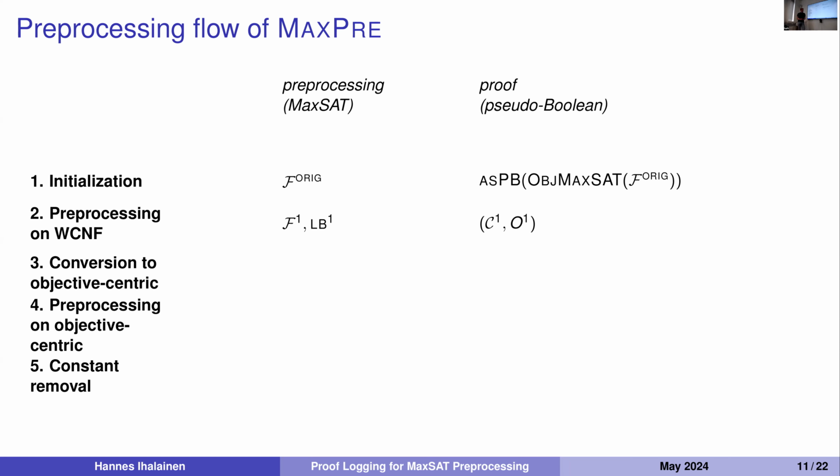In a sense every constraint in preprocessing corresponds to something in the proof, but there are cases where the pseudo-Boolean proof has extra variables in some of the constraints, and it's not trivial to see from here which constraints actually have the extra variables, because we might modify the soft clauses.